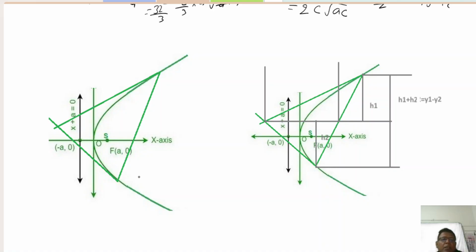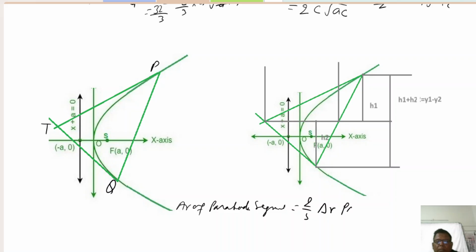In this, actually, the area of the parabola segment will be 2 by 3 of the area of PQT. What is PQT? This is the tangent from this point, and this is the tangent from this point, and this is the point of intersection. So first, how will we calculate the area of the parabola?